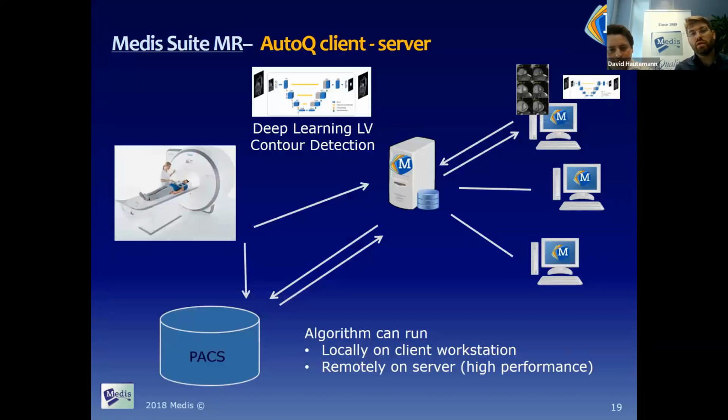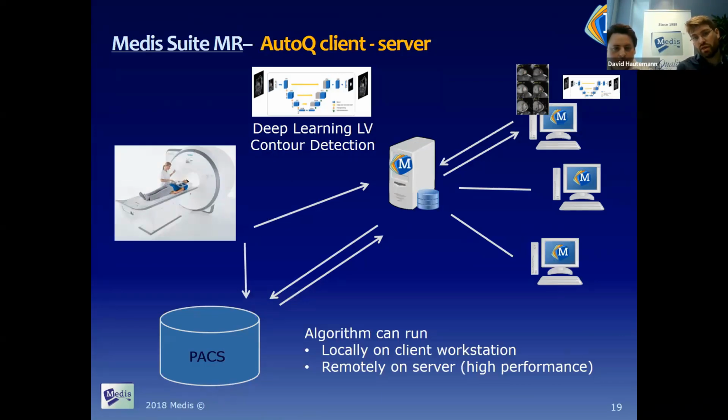So we have now integrated it in our upcoming Medis Suite release. We'll be using what's called the outerCue service. It's a processing service that runs either on your local machine, but it can run on a remote machine as well. And especially if you have good hardware, good CPU processing available, then that can speed up the algorithm quite a lot.